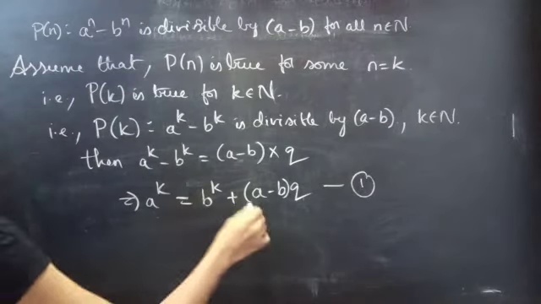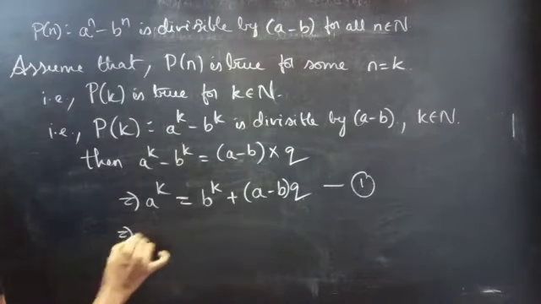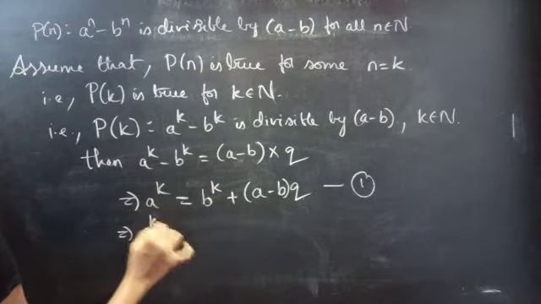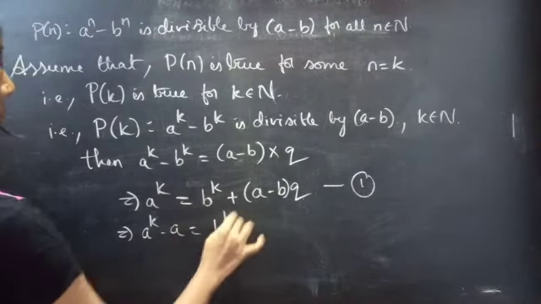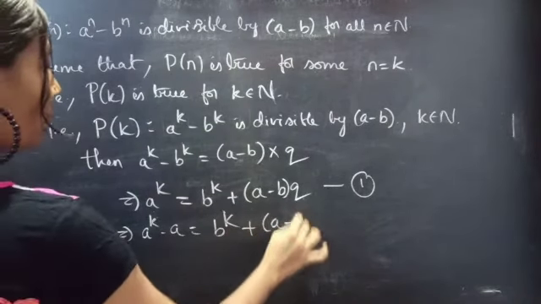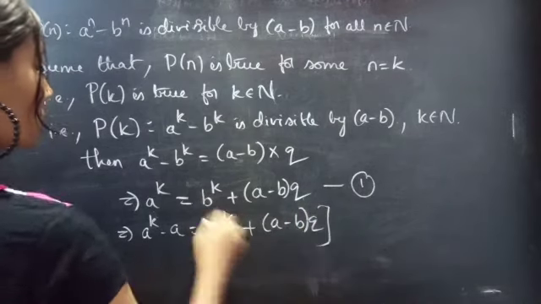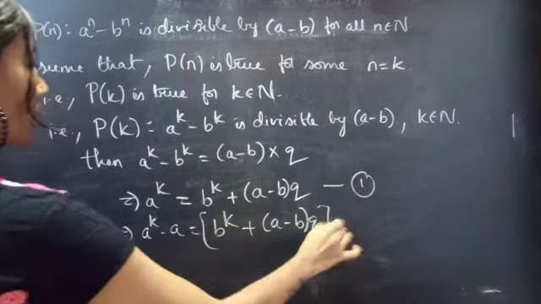If you multiply both sides with a, then you'll get a power k into a equals b power k plus a minus b into q times, okay, into a.